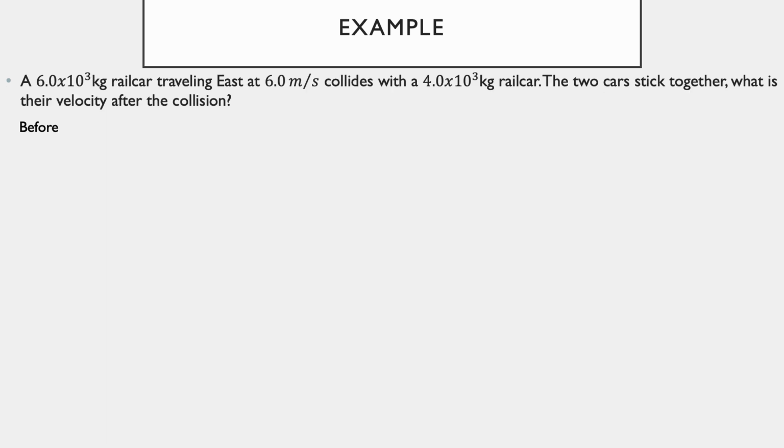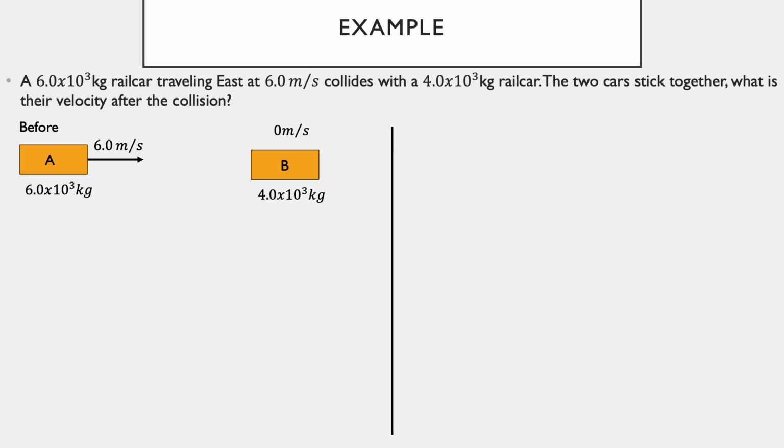So next example is we have a 6,000 kilogram rail car traveling east at 6 meters per second, collides with a 4,000 kilogram rail car, which we're not given a speed, so we assume it's stationary. The cars stick together, and we want to know what their velocity is after the collision. So once again, I'd split it into before and after and have drawings of what's going on.